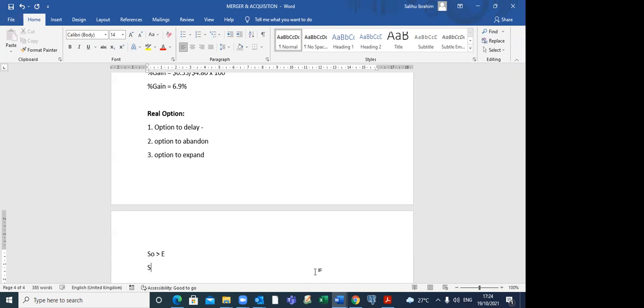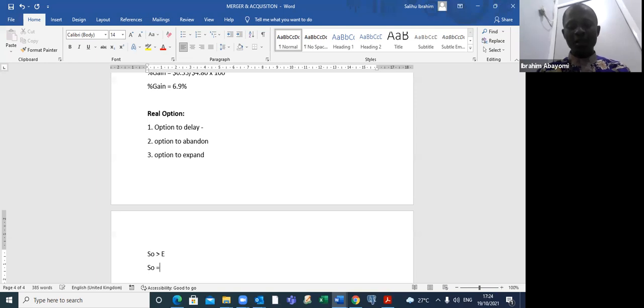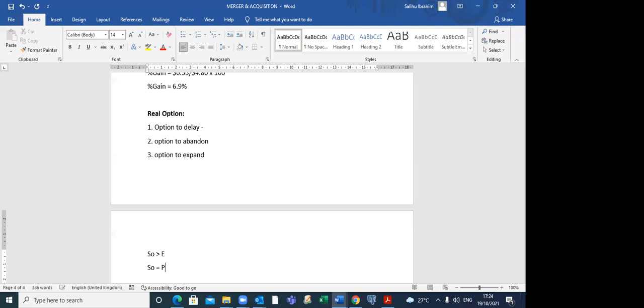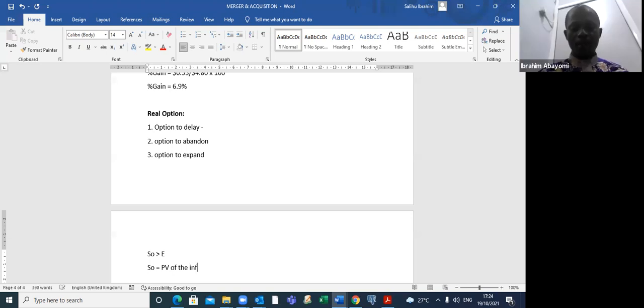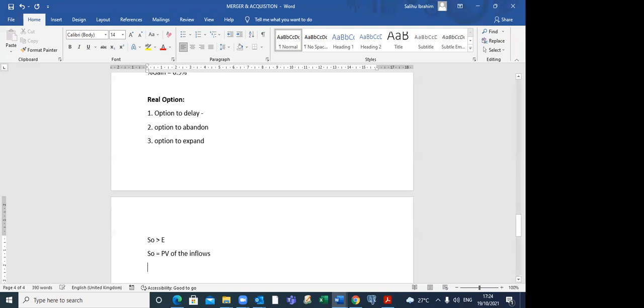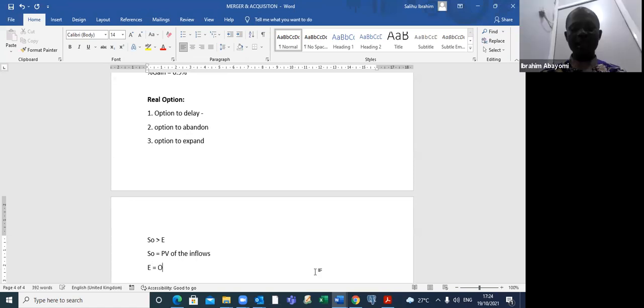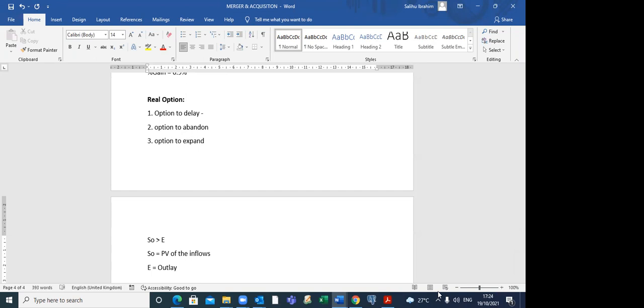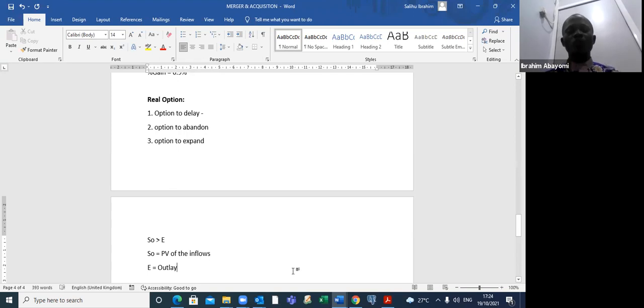My SO here is the present value of the inflows. E is the outlay. So for me to get this present value, I will need to incur this cost.